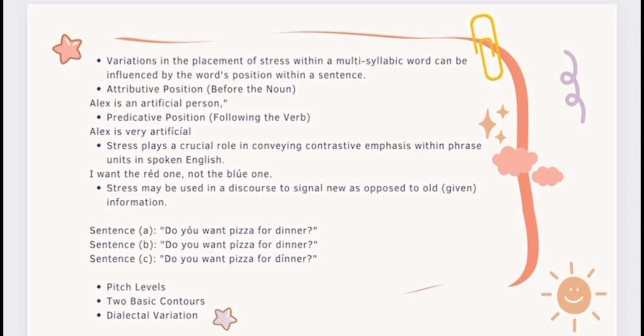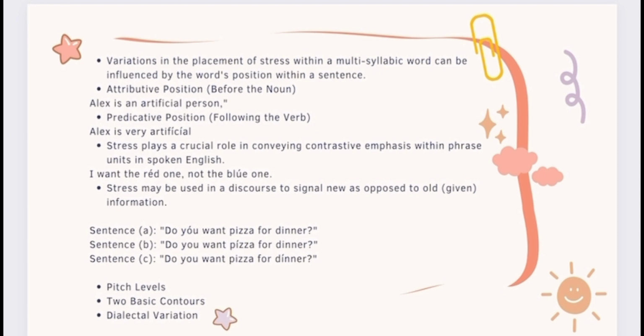For example, sentence A: Do YOU want pizza for dinner? In this sentence, the stress on you indicates that the speaker is questioning specifically who wants pizza. Sentence B: Do you want PIZZA for dinner?